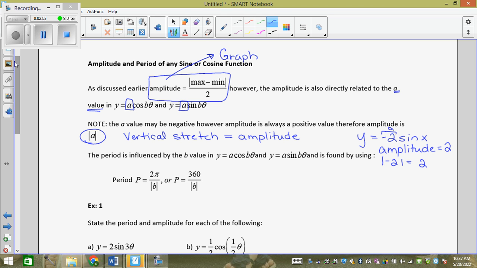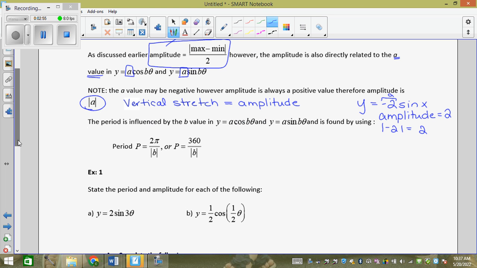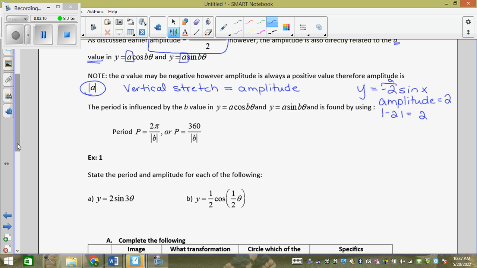The other thing to note is what can cause your graph to be from 0 to 2 pi or squish in or stretch further? Your horizontal stretch, correct? Your horizontal stretch is what's going to make it bigger or shorter. Okay? So I know that the original period is 2 pi, and if I multiply it by my horizontal stretch, I'll get the actual period. Why did I write it like that?